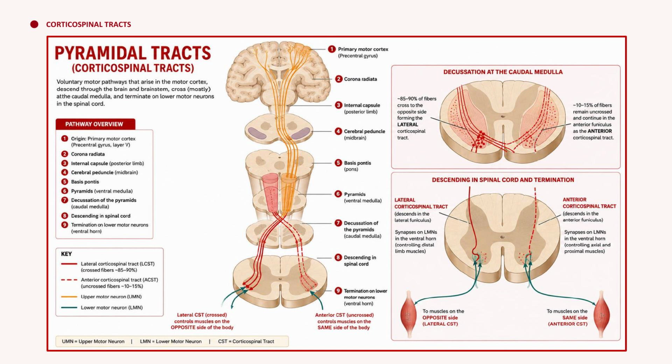Roughly 85 to 90% of fibers cross to become the lateral corticospinal tract in the lateral funiculus, while the 10 to 15% that stay uncrossed become the anterior corticospinal tract. Follow them to the ventral horn, the lateral tract to distal muscles on the opposite side, the anterior tract to axial and proximal muscles bilaterally. Every localization rule we use flows from that one crossing.